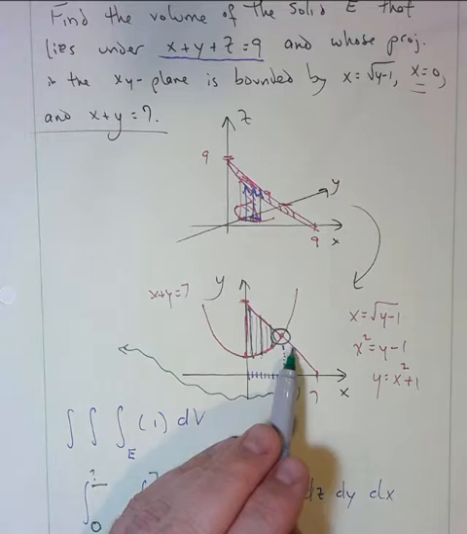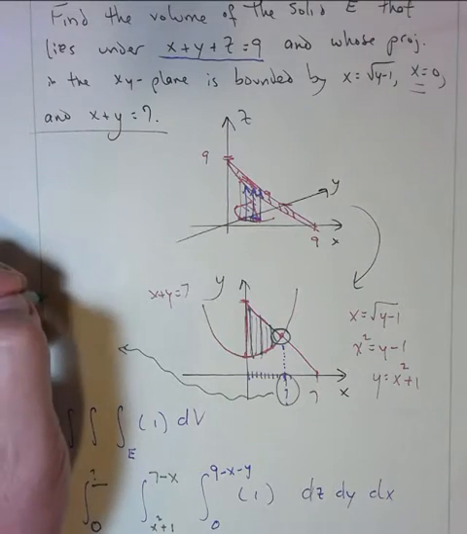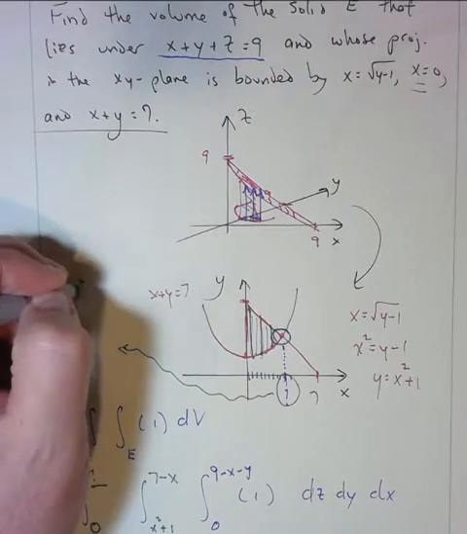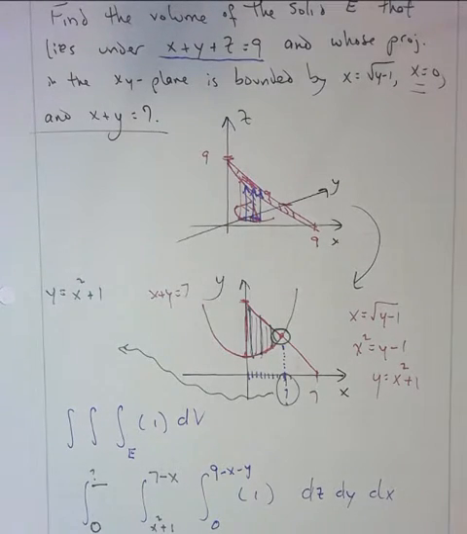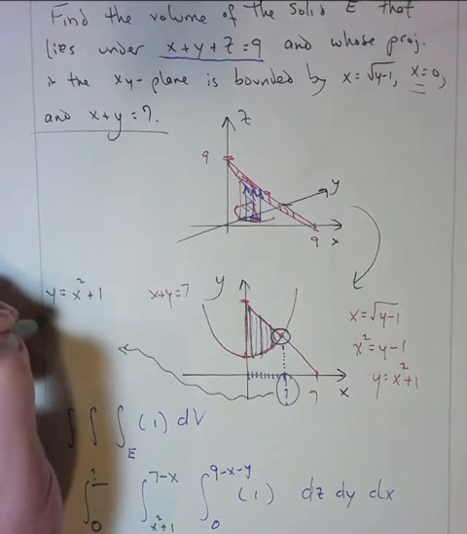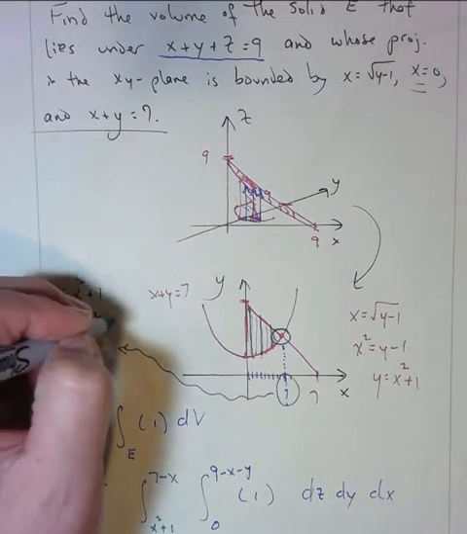But we just need to find where the line intersects the parabola. So let's say we have y equals x squared plus 1. The point that that shares with the line x plus y equals 7 has a y value of 7 minus x, which would be x squared plus 1.